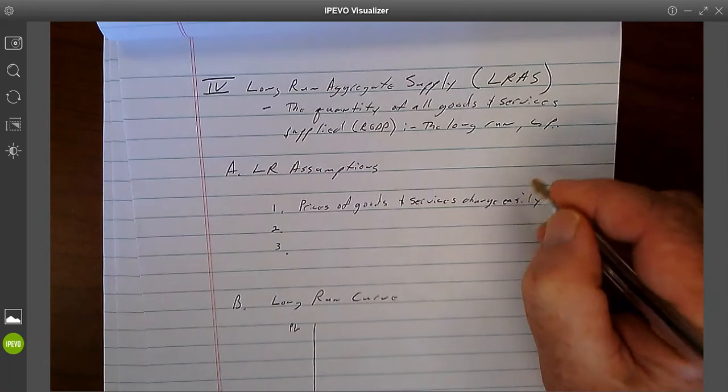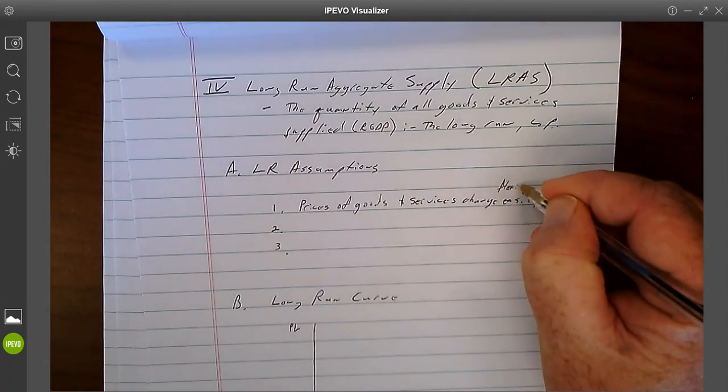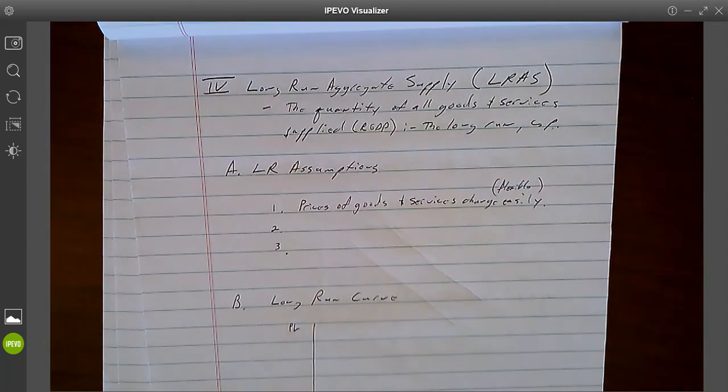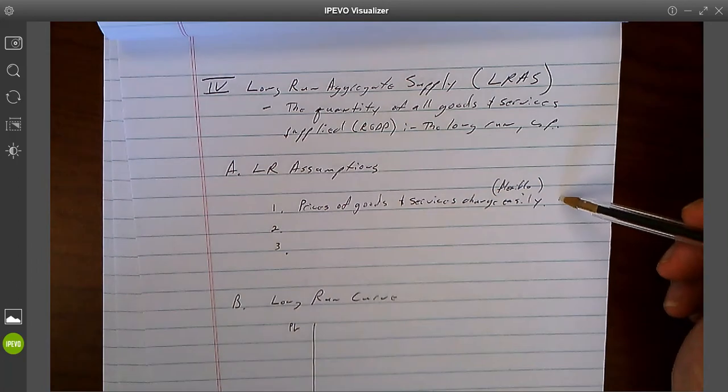They're flexible. Okay, so if you want to change the price on a can of soup, you can do it almost instantaneously. If you want to change the price of how much you're selling your gas per gallon, just type it in the computer and it pops up on the board outside. So this assumption is the same as it was in the short run.